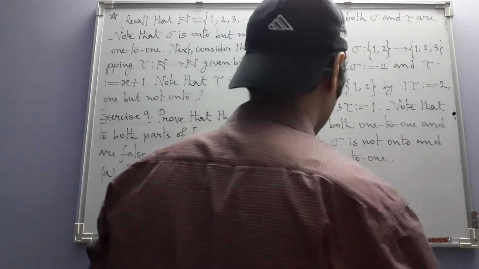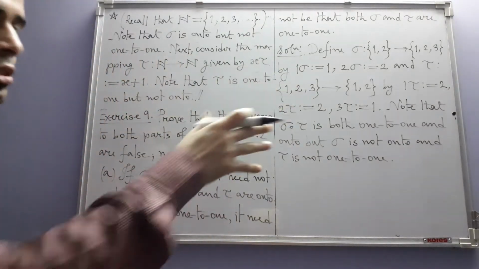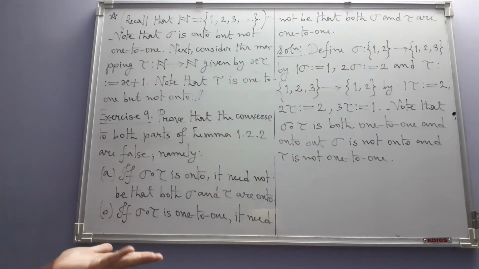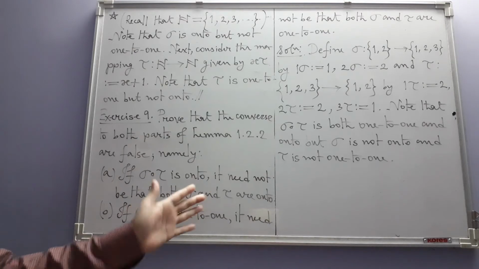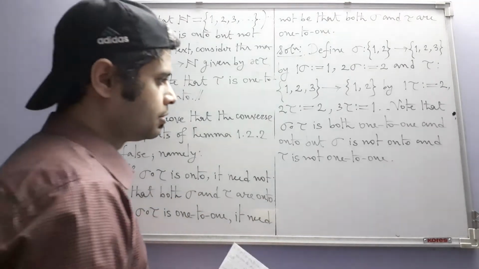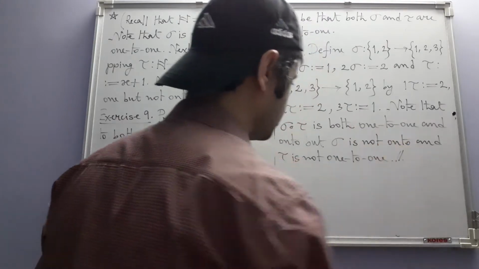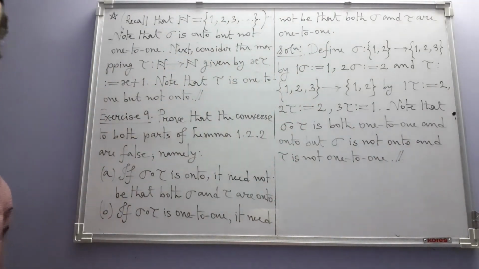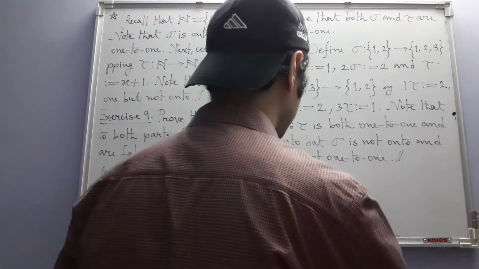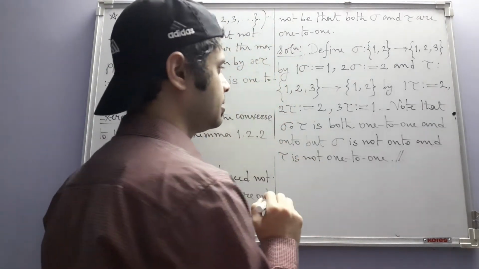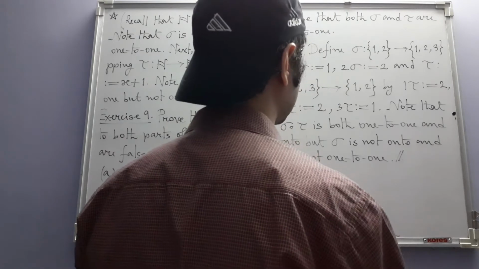So this one situation, this example consisting of these two functions, settles both the cases. I would like to end the solution here, but let us informally see using Venn diagrams that whatever we are saying is actually the case.